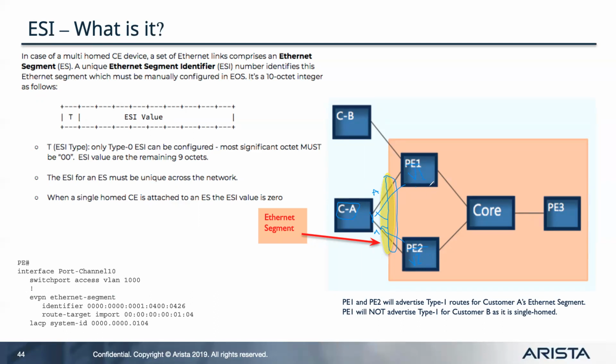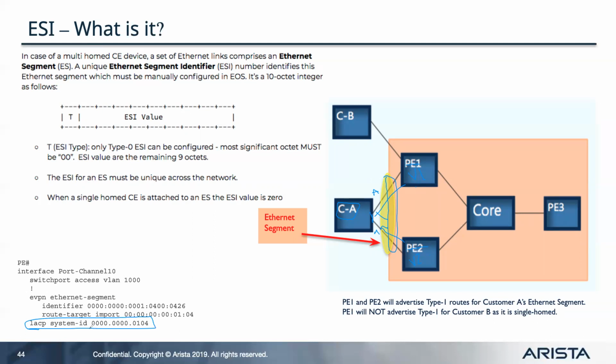How are we solving this with MLAG? By configuring the system ID manually. Yes, so we can solve this by configuring the system ID manually. In MLAG, as you remember, the primary and secondary take only one system ID, or MAC address as the system ID, and send that.